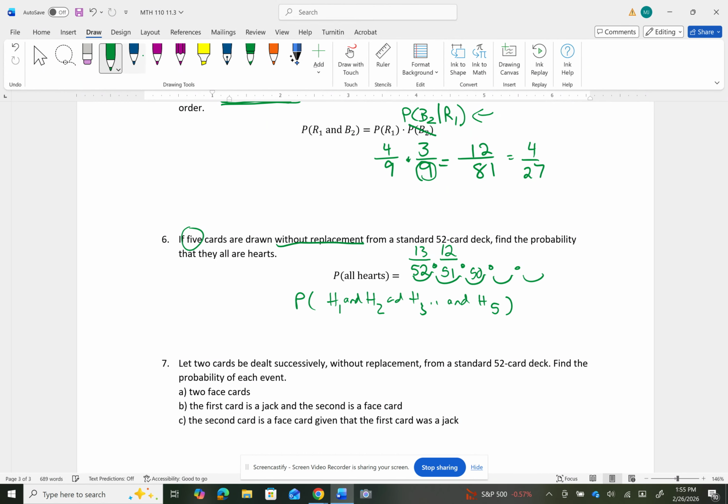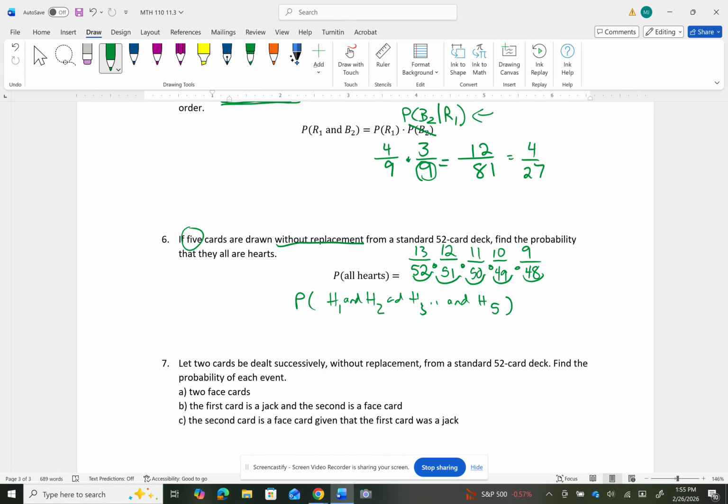So now I only have 50 cards with only 11 hearts left, and then 49 cards with only 10 hearts left, and then 48 cards with only 9 hearts left. And so I have to work that out, and that's not an easy thing to type in correctly, so be careful. So on that one, you could type those fractions in with multiplication in there, but it's probably, let me see what happens when I do that.